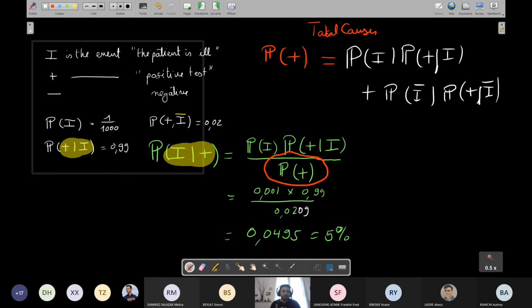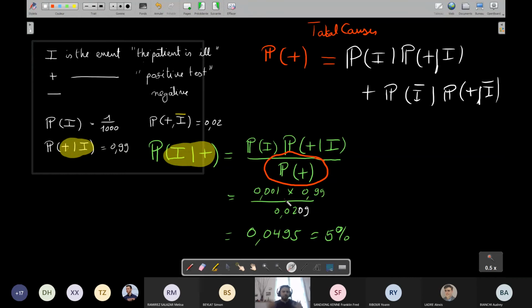If you increase this probability, as Johan says, you will increase this part of the equation, and if this is bigger, then this becomes bigger too. And of course, the probability of having a positive test given I is almost 1. So another possibility is to have a positive test here, which is smaller.